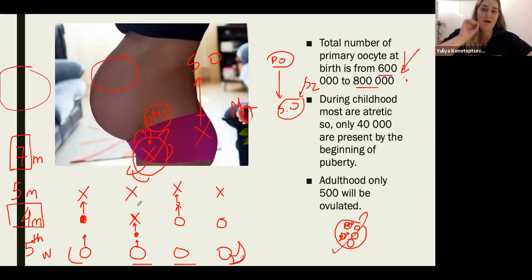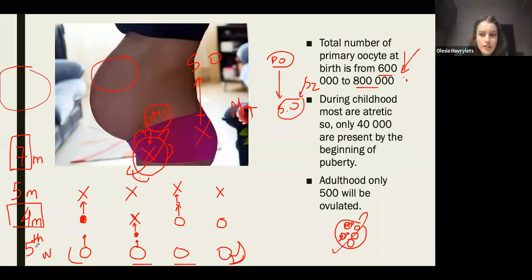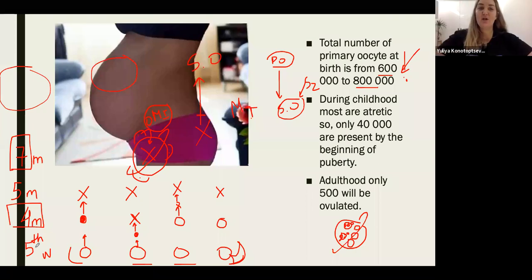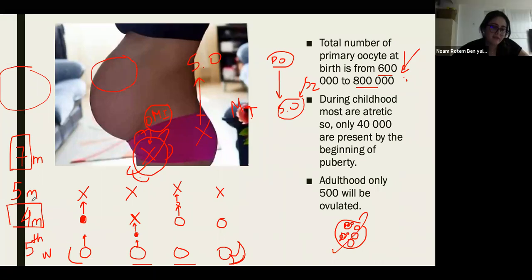Which cells are in the clusters during the 5th week? PGCs only. Which cells are in the clusters during the 5th month? Primary oocyte only.